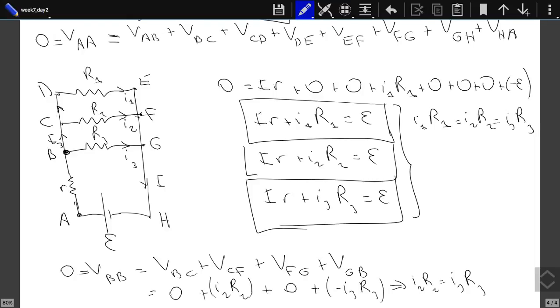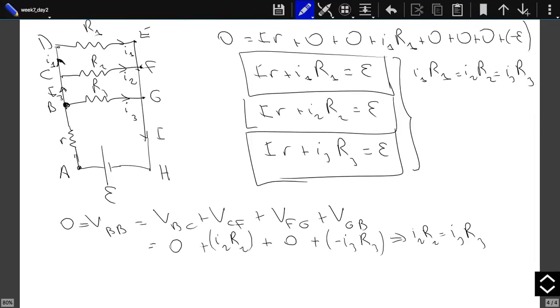The current running through this line is I1. Let's say this is I3. So let's look at this point B. The current I is coming in. The current capital I3 is coming out. And the current small I3 is coming out.